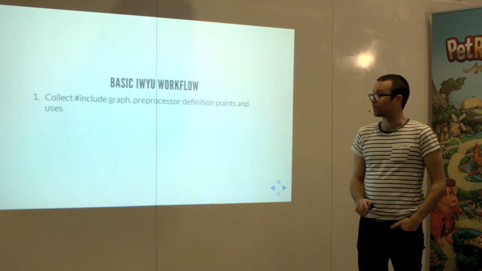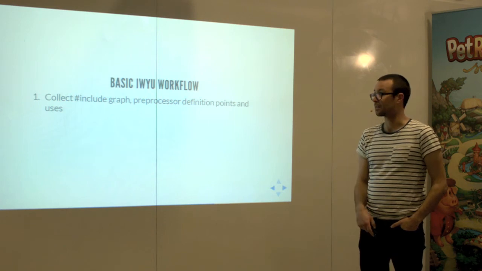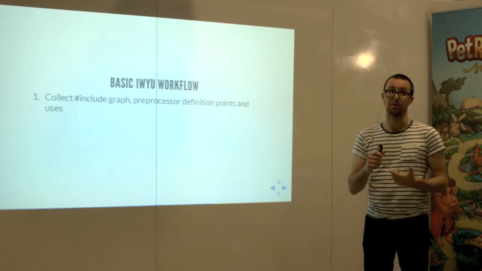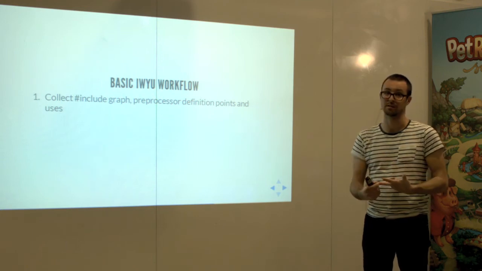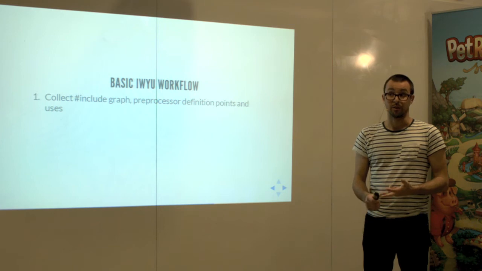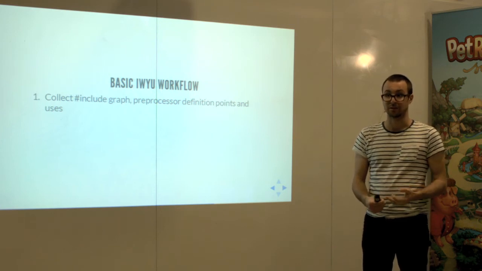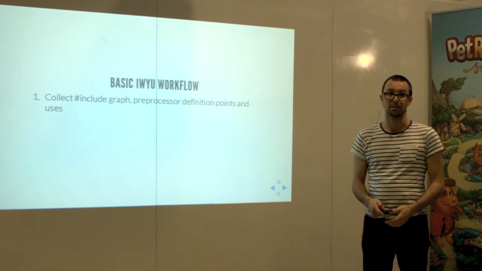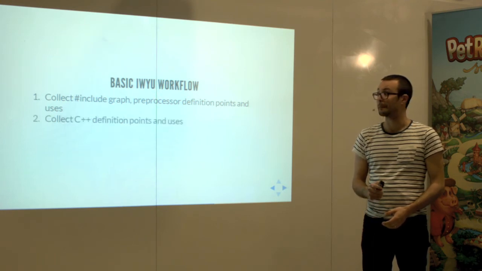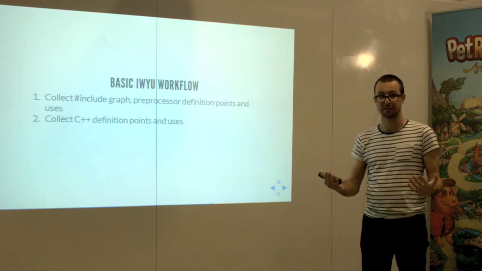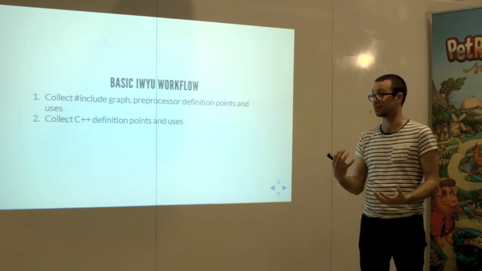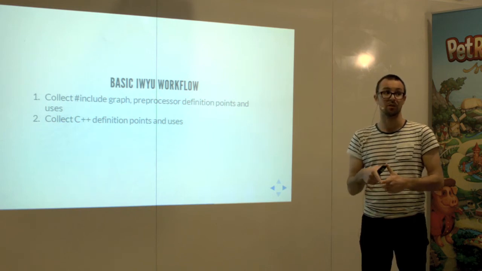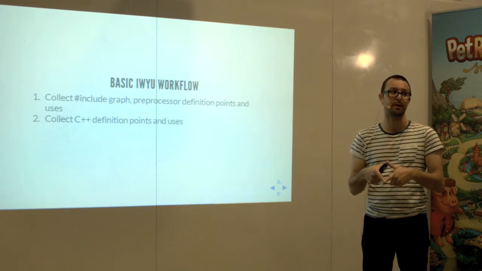So Include What You Use listens in on one secret channel to collect the entire include graph, all preprocessor definitions, and their uses, macro uses most significantly, or defined constants, etc. And then there's another pass that parses the actual language, and we can listen in and collect definition points and uses of all symbols, of all C++ symbols in the program.